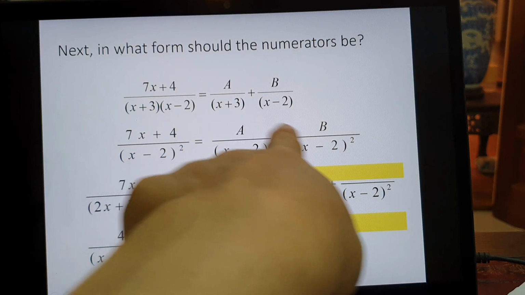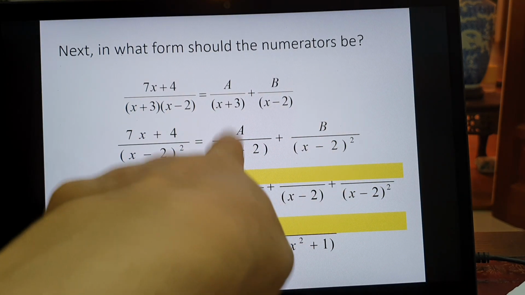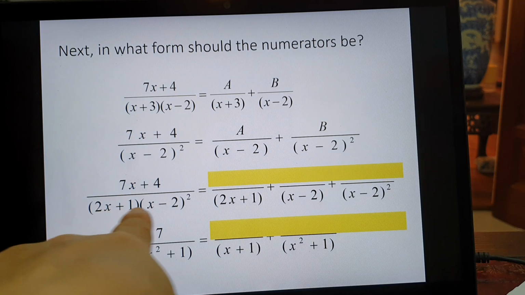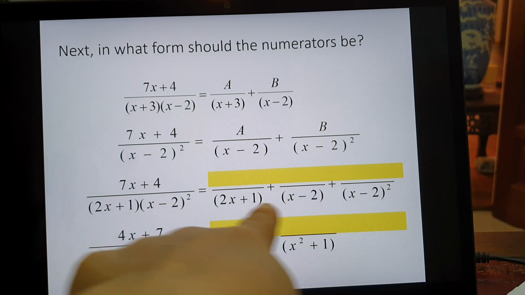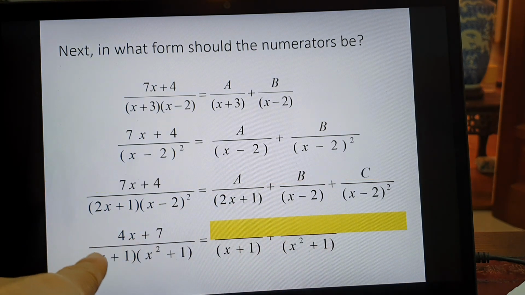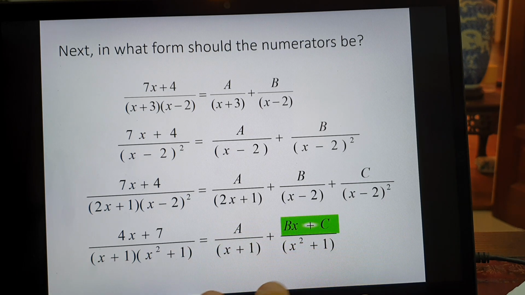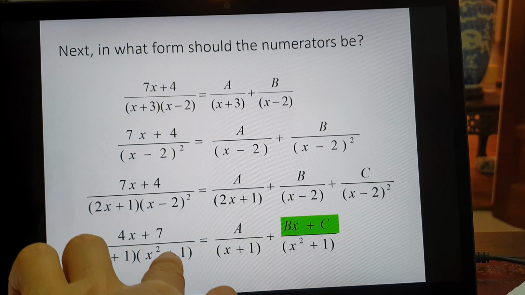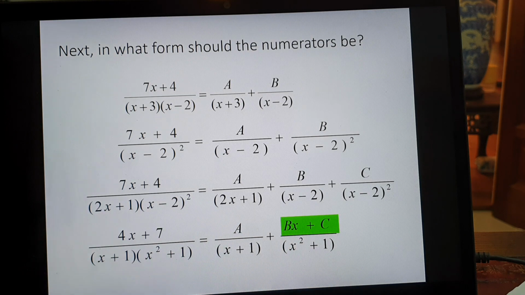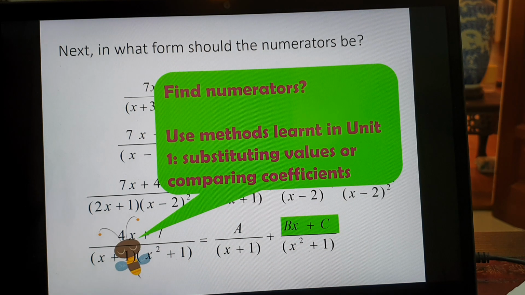That's what I mean. Then the numerator is a number on top, no x at all. This one can factorize, it's linear. This one is a repeated linear factor, that's why it's like that. That's it. So the one that cannot be factorized, you have to put bx plus c, or something x plus another constant. Okay.